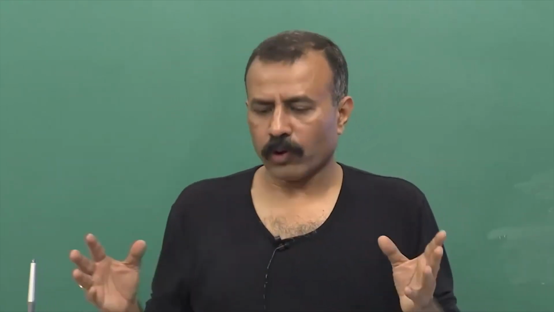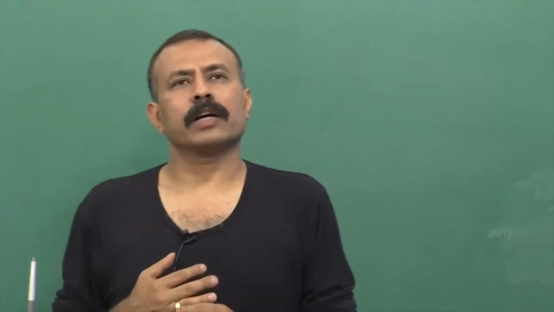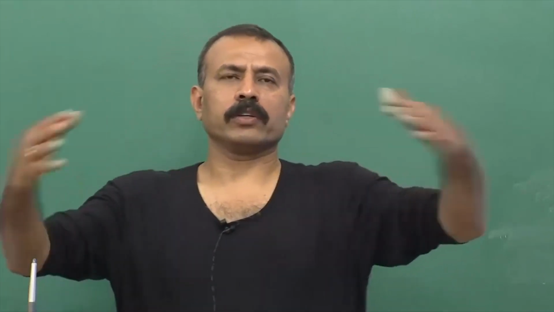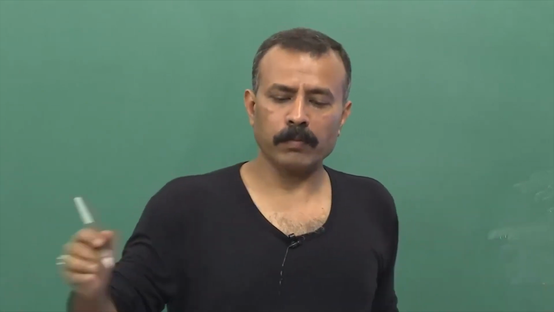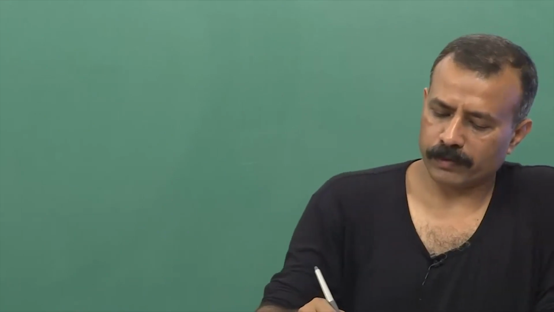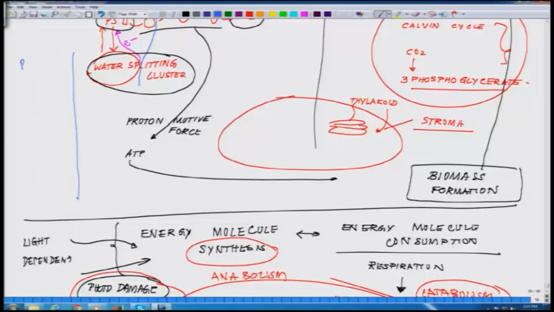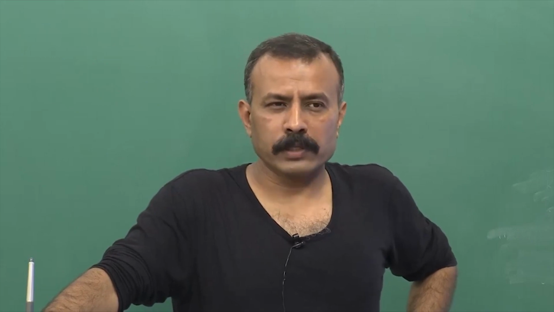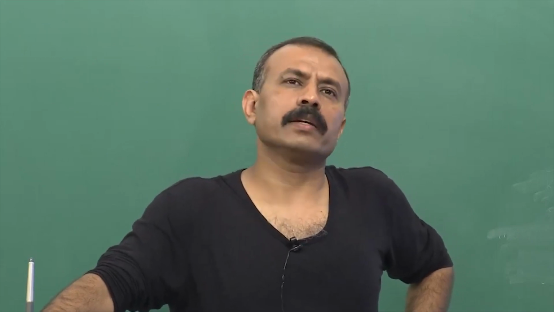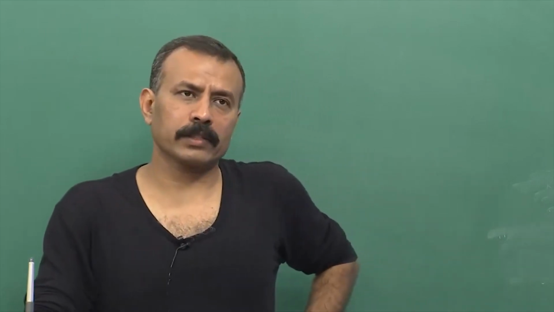So, what you overall see is the biomass production. Now, if I had to pull together everything we have talked about, the biomass production process is governed by the process of photosynthesis, and photosynthesis in itself is divided into light reaction and dark reaction.